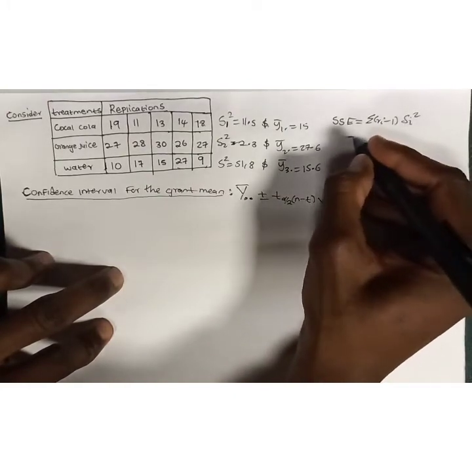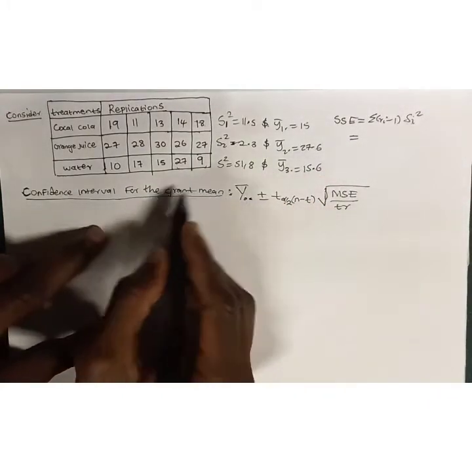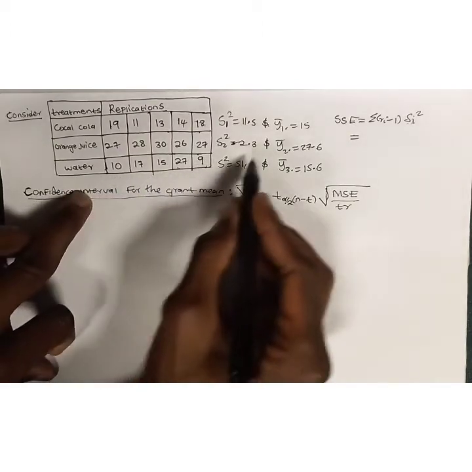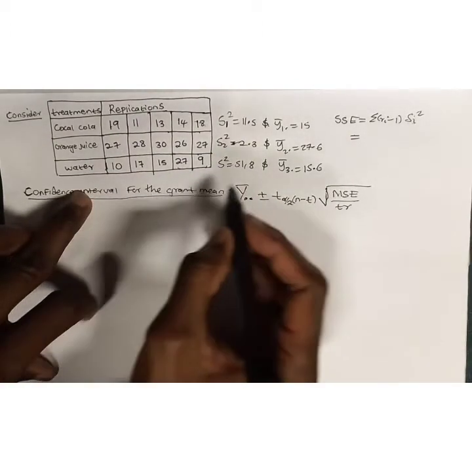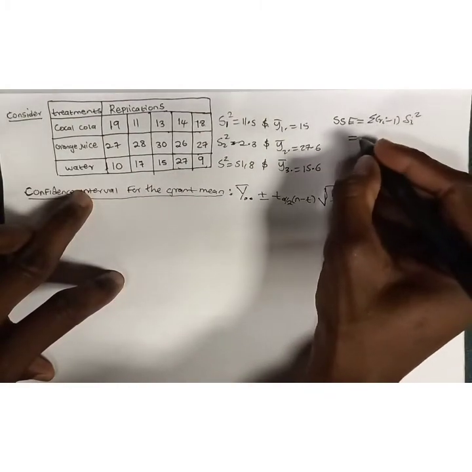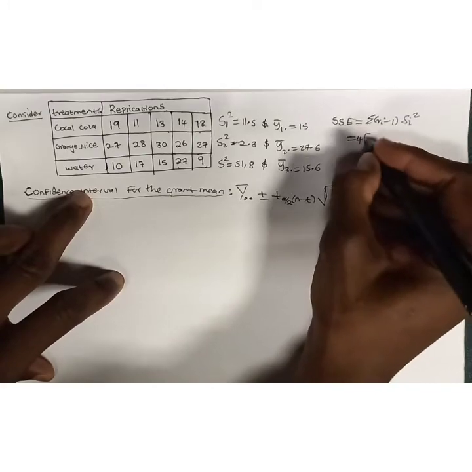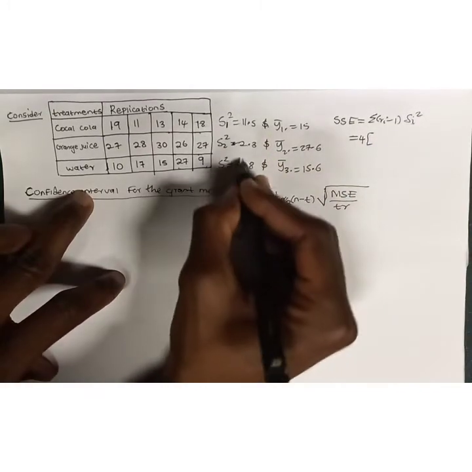Our replications here are 5. Since it's balanced, I'll take it as common. So 5 minus 1 is 4, which I multiply by the sum of the variances.